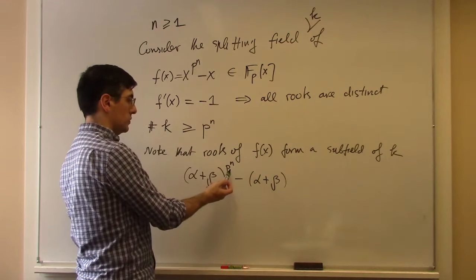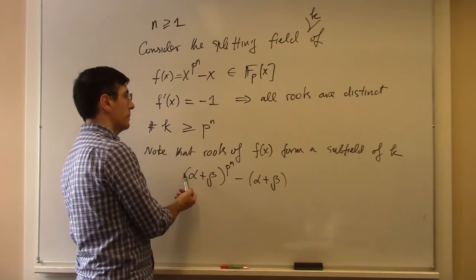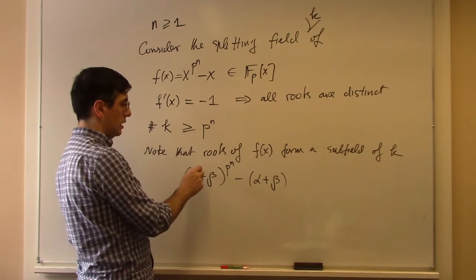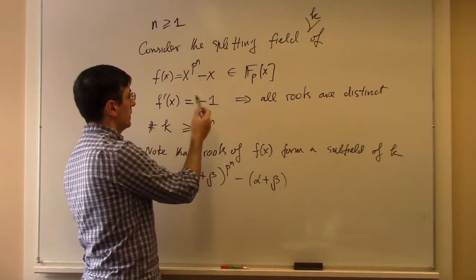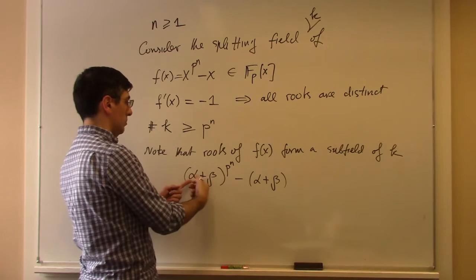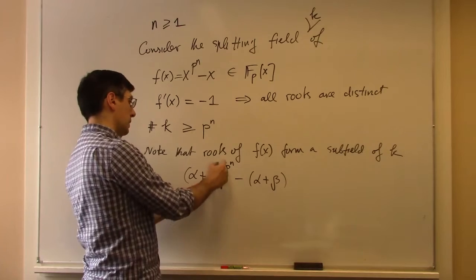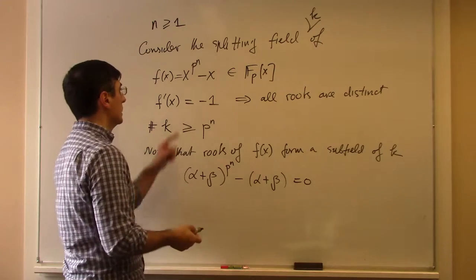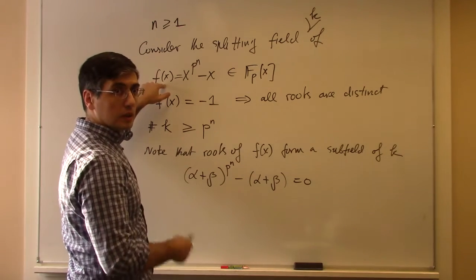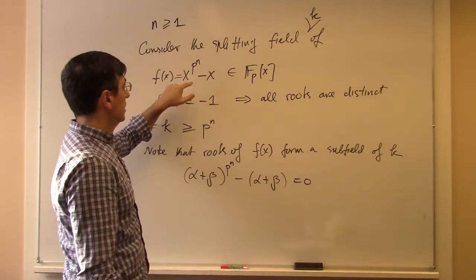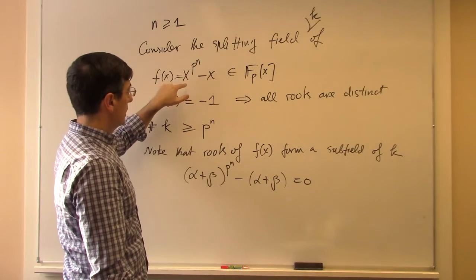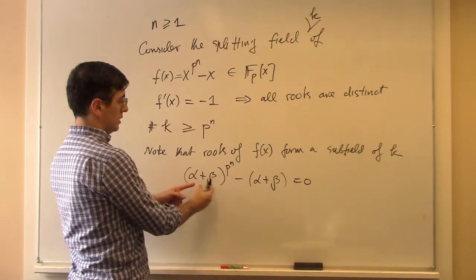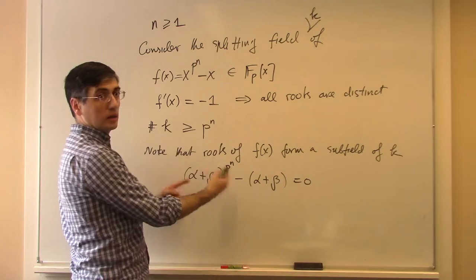The fact that you're in characteristic p means that raising to p^n commutes with the parentheses, so you can bring this into the parentheses, you get alpha^(p^n) plus beta^(p^n). And then if these are roots, alpha^(p^n) minus alpha is 0, beta^(p^n) minus beta is 0, so you get 0. So alpha plus beta is a root of f. So a sum of two roots is a root, and then you can easily see that a product of two roots is a root, because the product is equal to alpha beta, right?